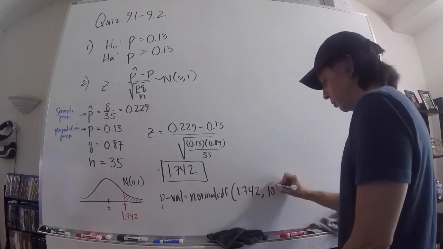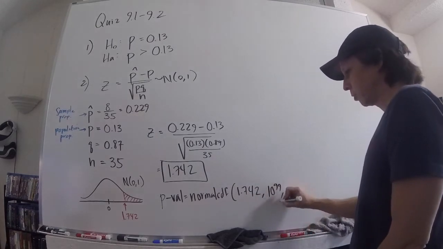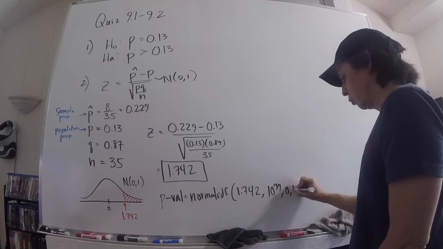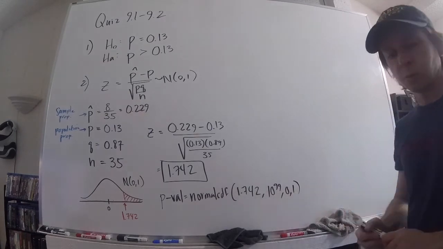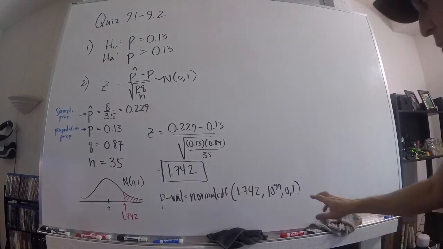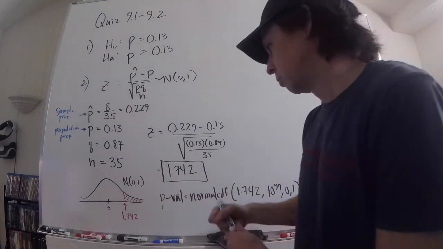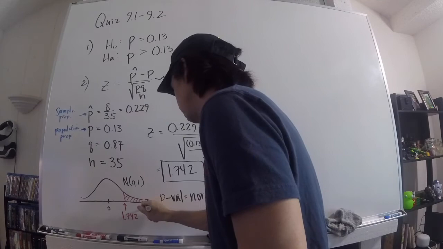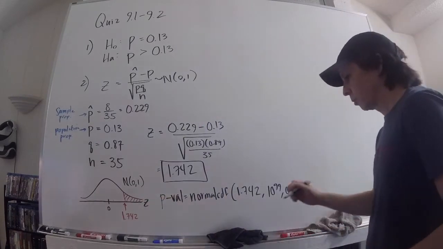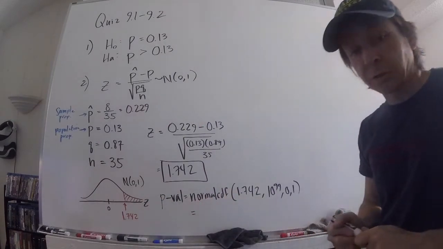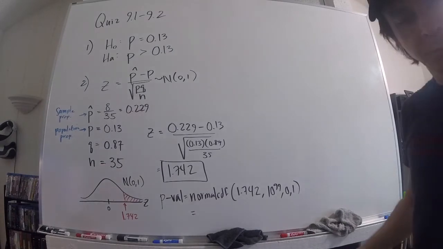My upper is infinity, 10 to the 99, and just make sure your mean and standard deviation are set to 0 and 1, because this is a z-score on your standard normal curve. Let me label that. Okay, let me compute that, and that's my p-value. That's the answer for number 2.